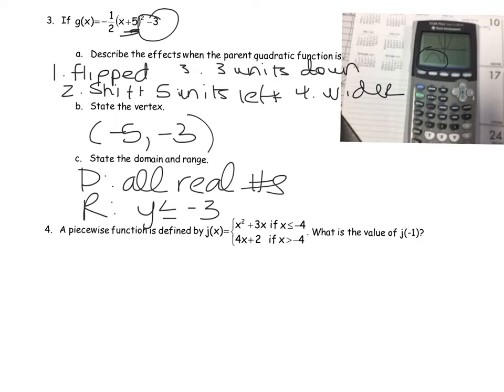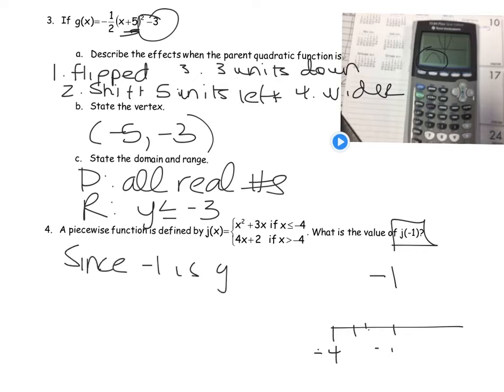The piecewise function is defined by j of x. This means up here, you use x squared plus 3 if your input value is less than -4. Use the bottom if your input value is greater than -4. So this is what we're inputting: -1. Is -1 greater than or less than -4? Well, -4 is over here. Since -1 is to the right of -4, it's greater than.